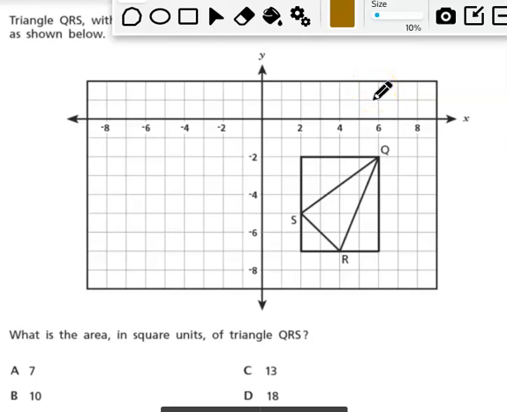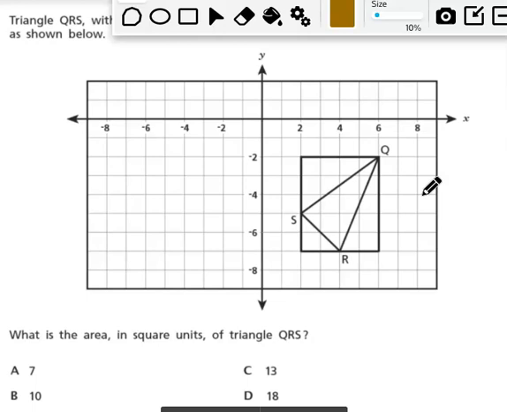Yes, it's 7. So I first found the length of the height of the triangle, the distance from Q and S. Since the coordinates were not on the same x or y, I subtracted both of them.